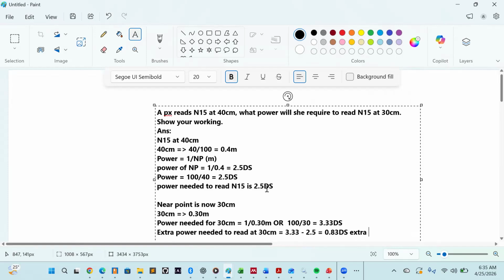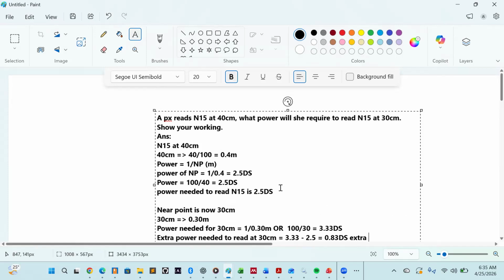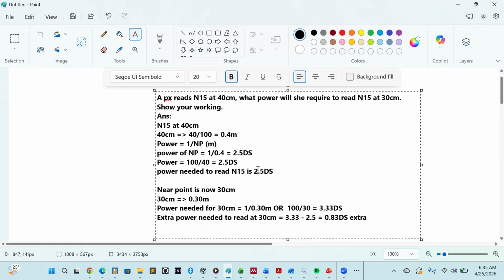you're supposed to keep it on reserve again. So in continuation, you're supposed to continue this and say that this 2.5 is the power that is needed there, but you have to keep it in reserve.